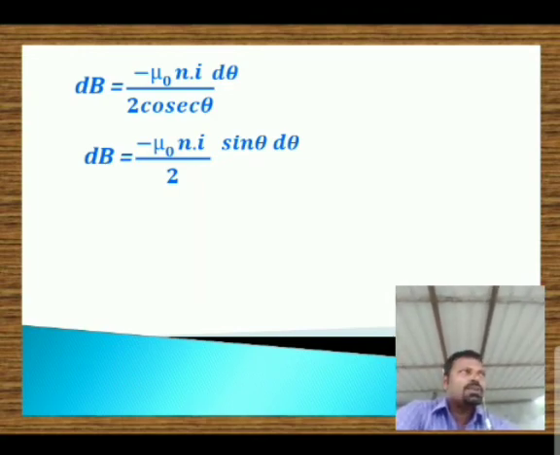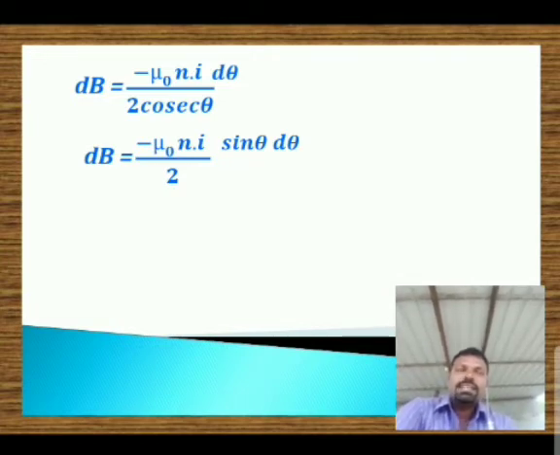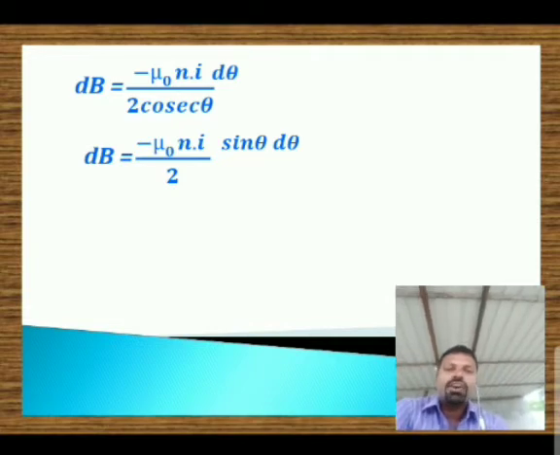So dB is equal to minus mu naught n I by 2 sin theta d theta. Till now this is the magnetic field due to the small element dx, but to get the magnetic field due to the whole solenoid, what do I have to do?